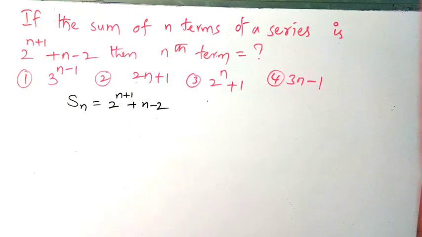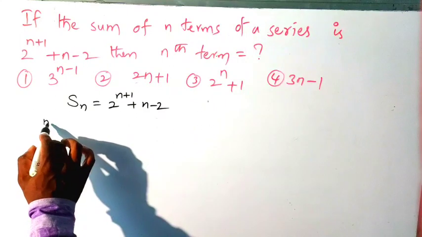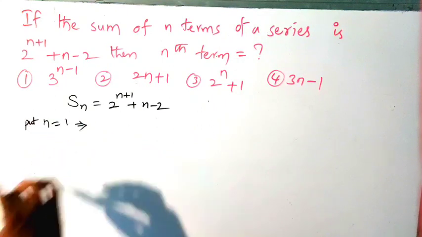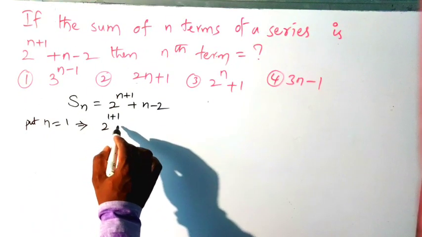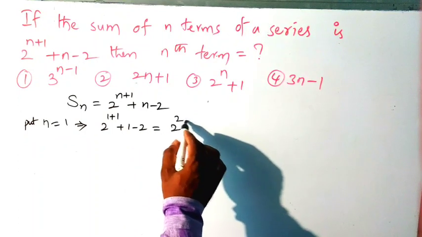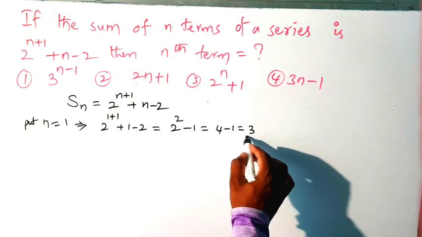Suppose we put n equals to 1. Then what do we get? 2 power of 1 plus 1 plus 1 minus 2, that equals 2 square minus 1, 4 minus 1, that equals 3.